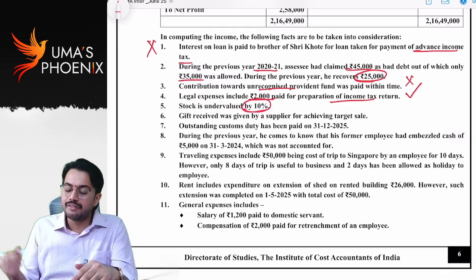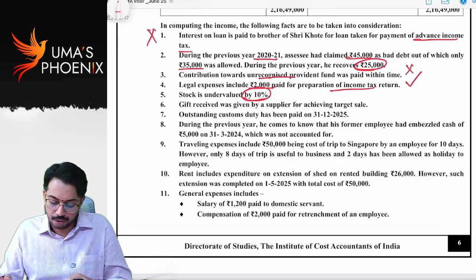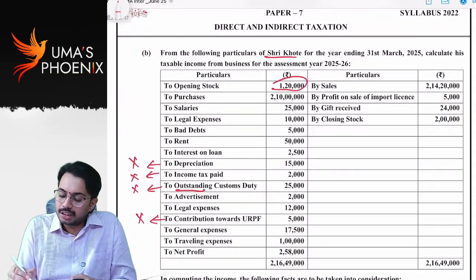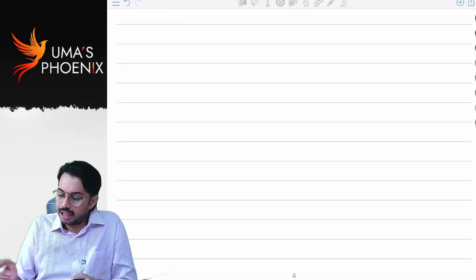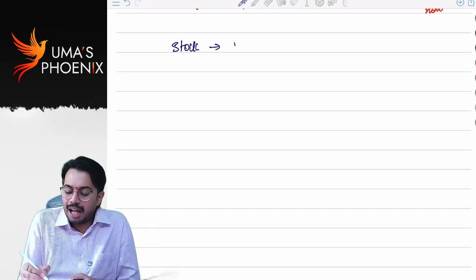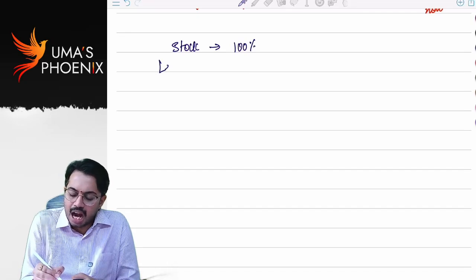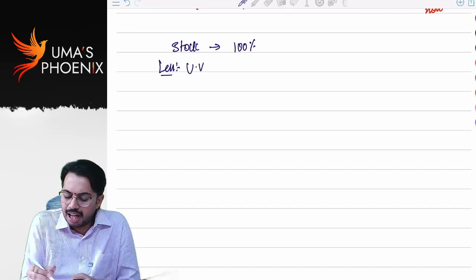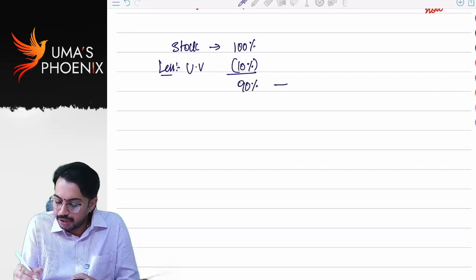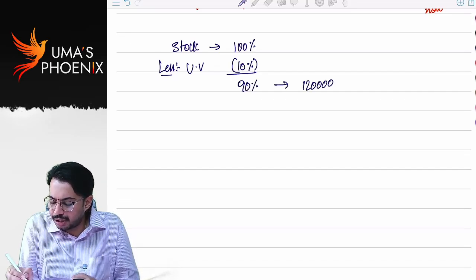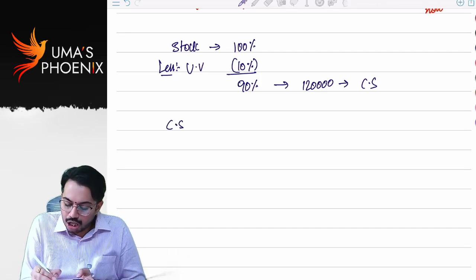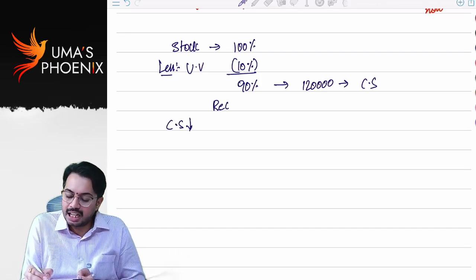Stock is undervalued by 10%. Okay. Opening stock 1,20,000. See, stock should be valued at 100%, but it is undervalued. How much is undervaluation? 10%. So now it is at 90%. So whatever the closing stock is at, that is at 90%. Closing stock undervalued. What is rectification?